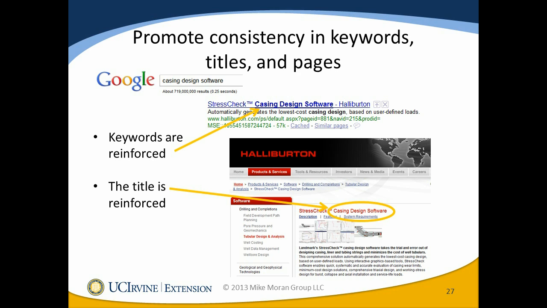So what is the kind of consistency that we're talking about? What is that reinforcement that we're talking about? Here's an example. The keywords are reinforced and the title is reinforced. You look at the search result and you can see that the keywords show up in the title and they show up in the snippet.